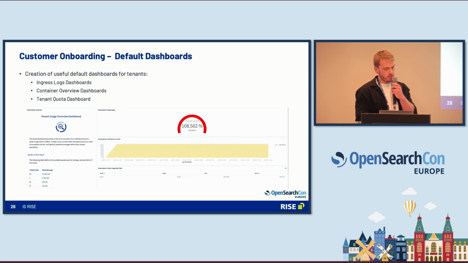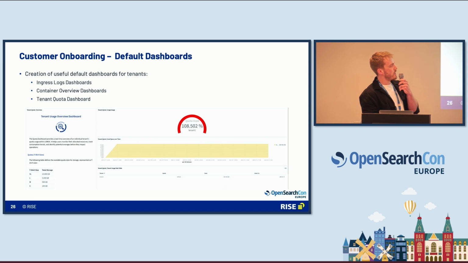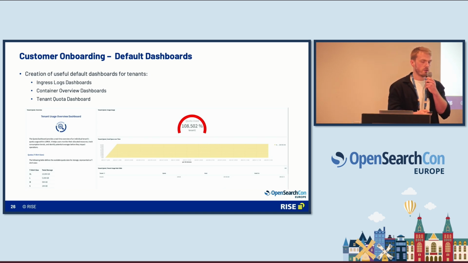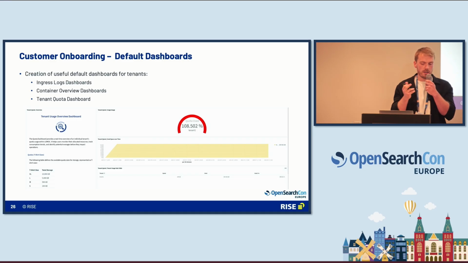We've done some ingress log dashboards and container overview dashboards in the past, but we also found it to be quite useful to have a tenant quota dashboard, which tells your tenant how much of the storage quota they've already used up. Again, because of our good index naming, we can just use the cat indices API to collect all the indices that were created by one tenant, because the tenant name is literally specified within our index name.